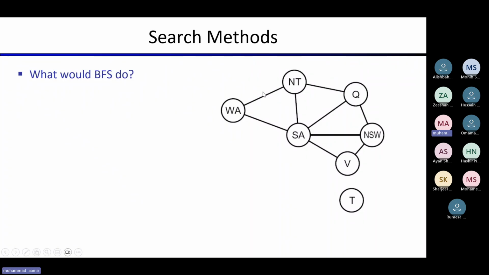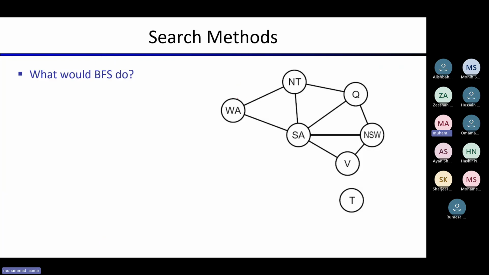So, considering this constraint graph for one of the problems, the example we are considering is the Australian territories map. What does it mean if we use BFS to complete this task? It is very simple.